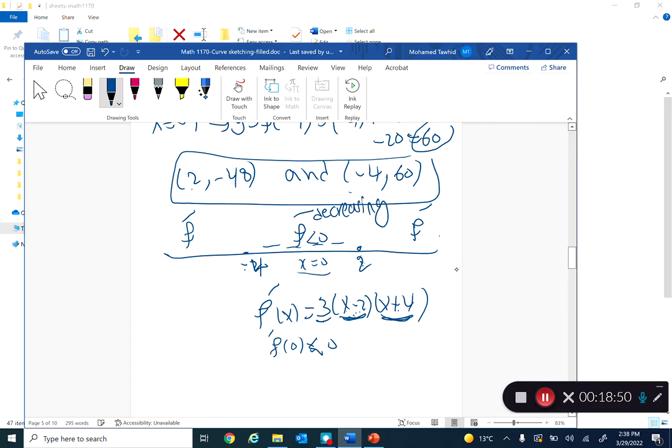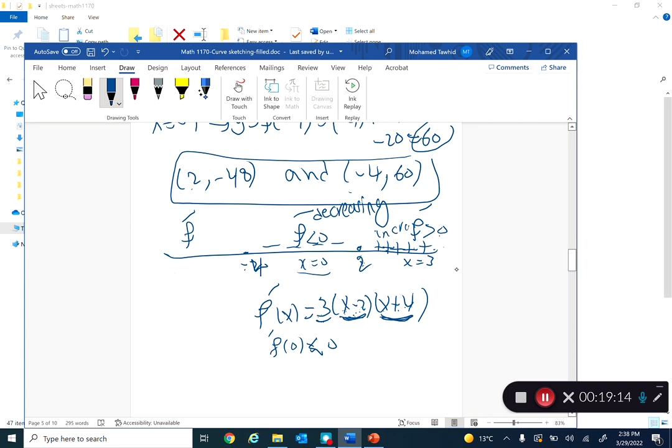Between 2 and plus infinity, take x equals, say, 3. I really care about the sign. 3 plus 4 is positive, 3 minus 2 is positive, so positive times positive gives positive. Your first derivative is positive, I write plus, and the function here is increasing.